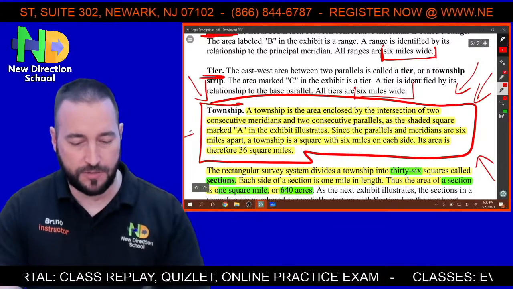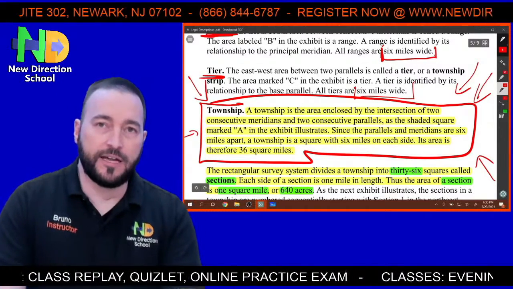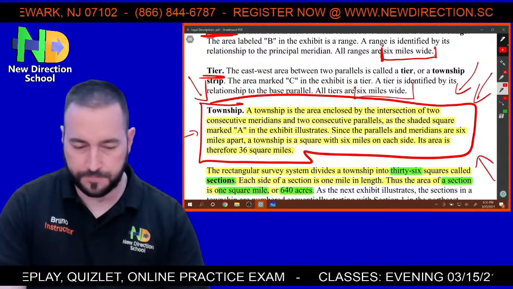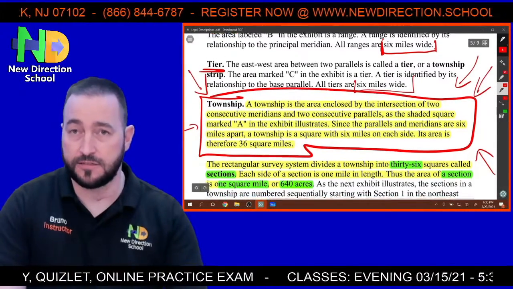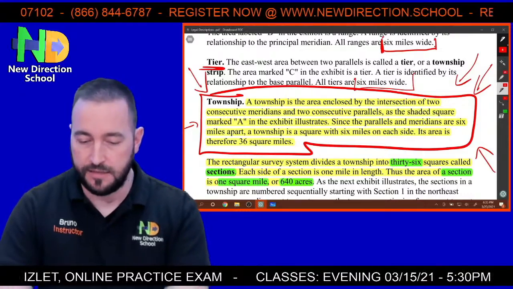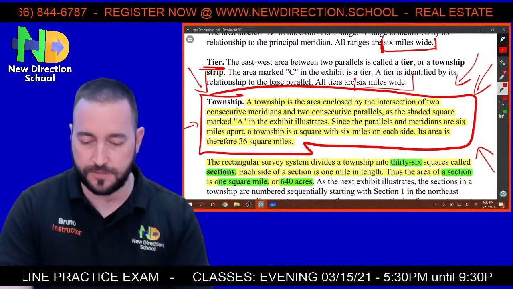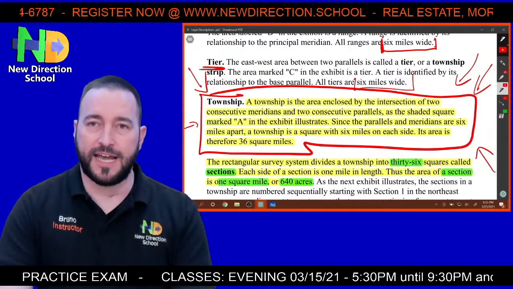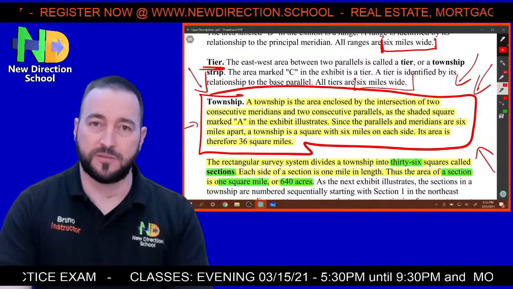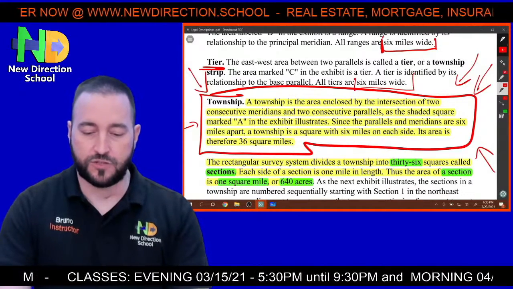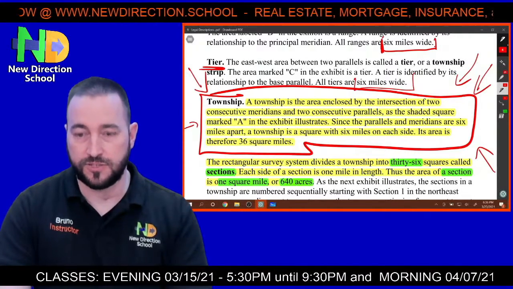A township is the area enclosed by the intersection of 2 consecutive meridians and 2 consecutive parallels, as a shaded square marked on A, as I showed you in the illustration. And since the parallels and meridians are 6 miles apart, a township is a square with 6 miles on each side.